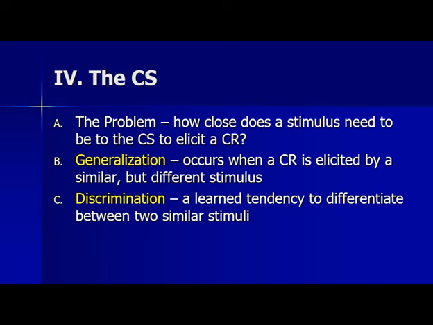So if it can tell the difference, it should only salivate in response to the blue, because it should have learned to discriminate the blue from the green, because we never present meat with the green light. Similarly, you can present two very similar tones and get a conditioned response to one but not the other, because one is associated with meat, one is not. It would be the same thing.